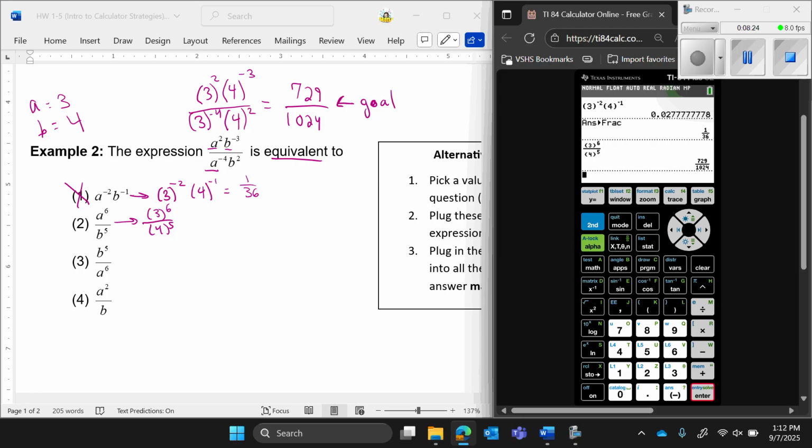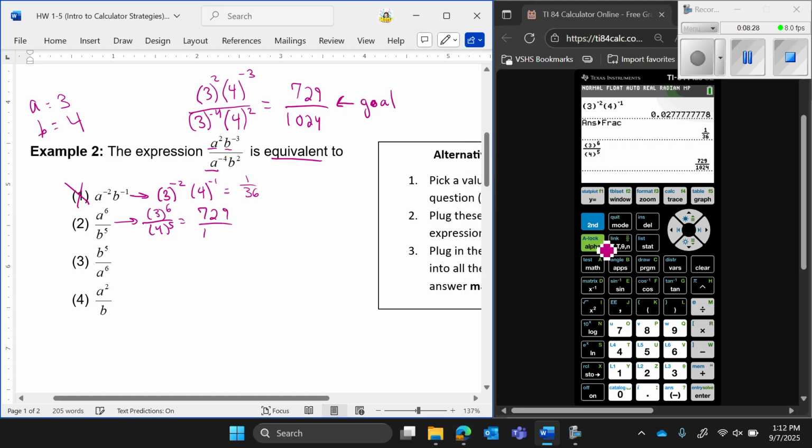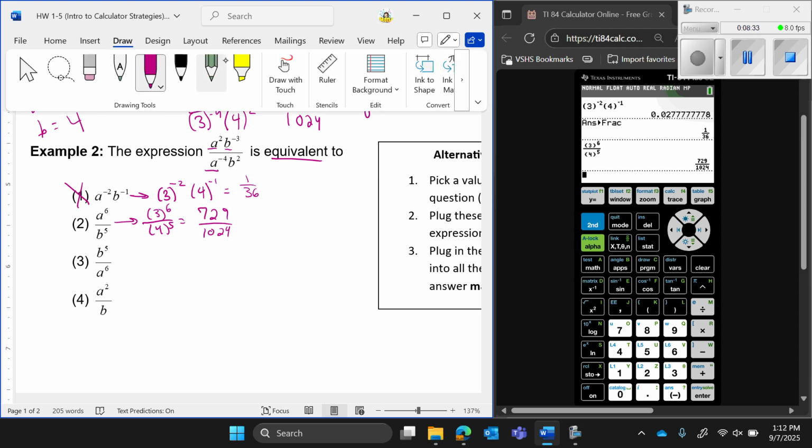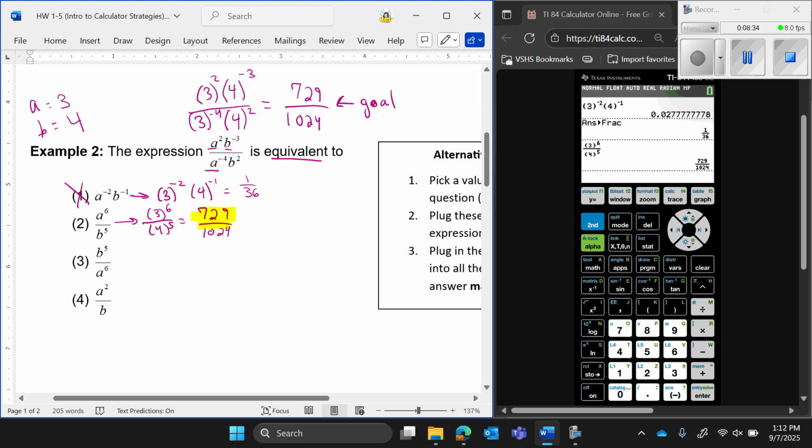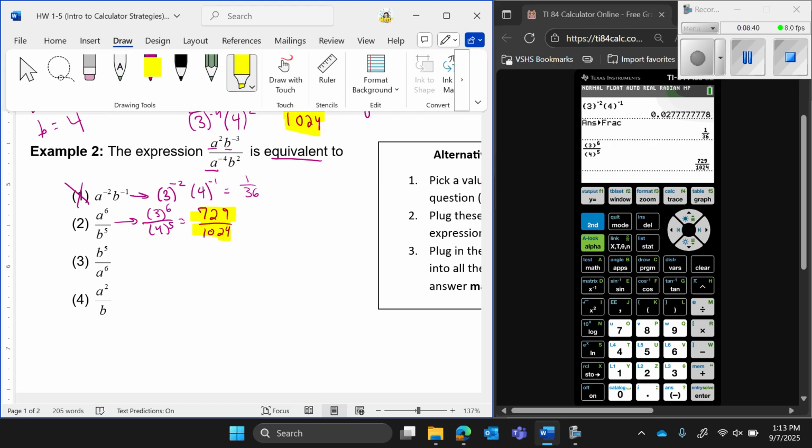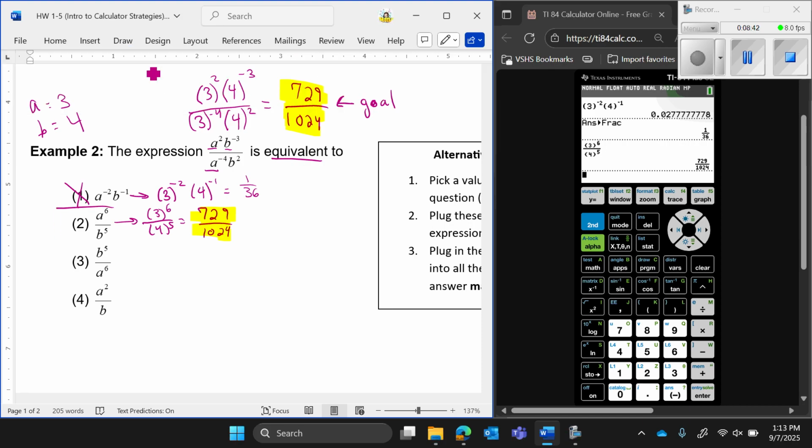And this one is 729 over 1,024. Now this is exactly what we wanted because this is equivalent to what the question was, meaning we now found our correct answer and we are done.